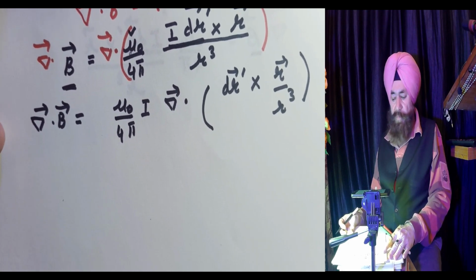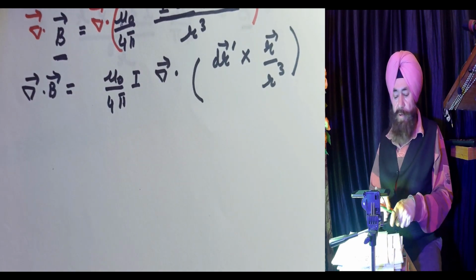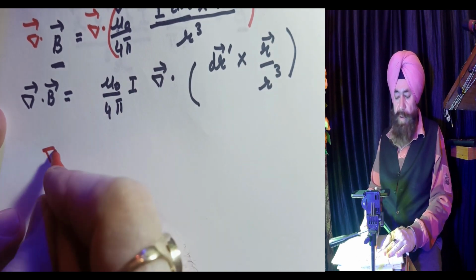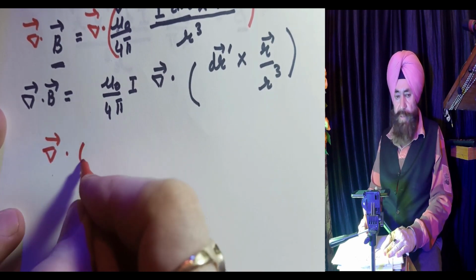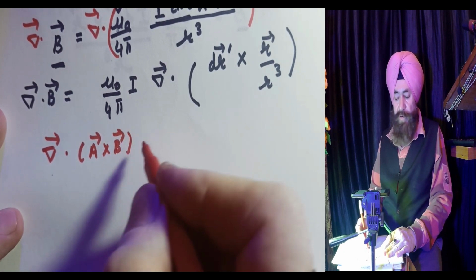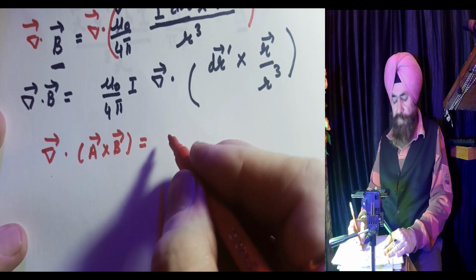Now I'm going to apply a formula. You know a formula like del vector dot A cross B. If you don't know, please remember the result.